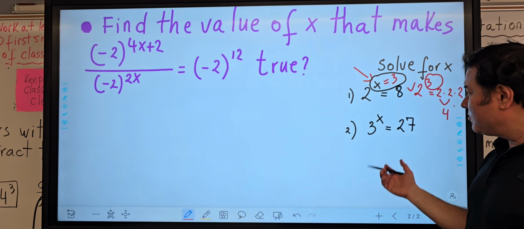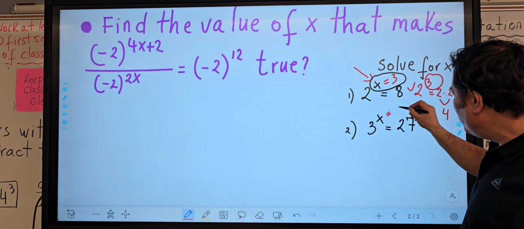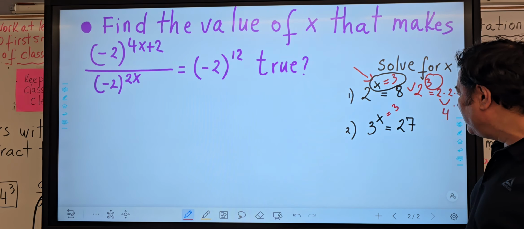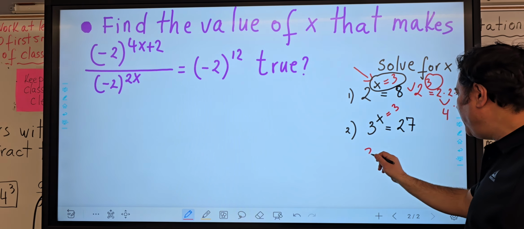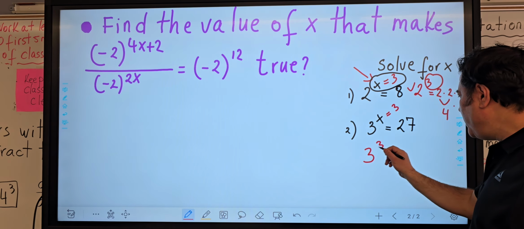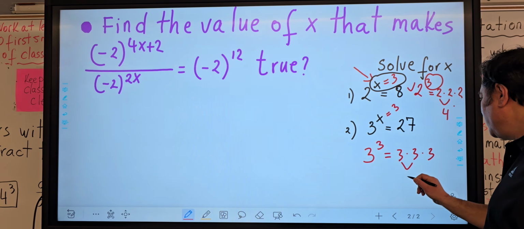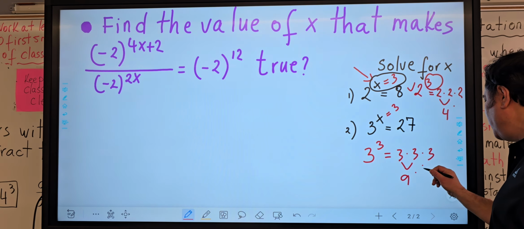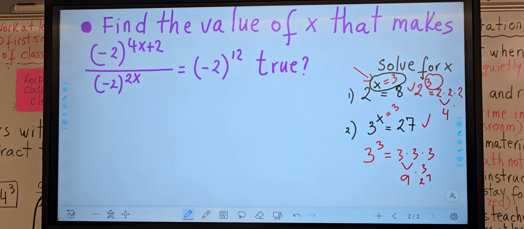How about 3? 3 times 3 times 3 indeed is 27. So here the same thing, we can say x equals 3, because 3 to the power of 3 equals 3 times 3 times 3. This is 9 times 3, which is 27. It's exactly what we get.